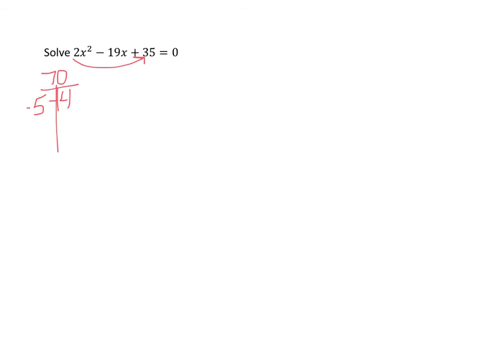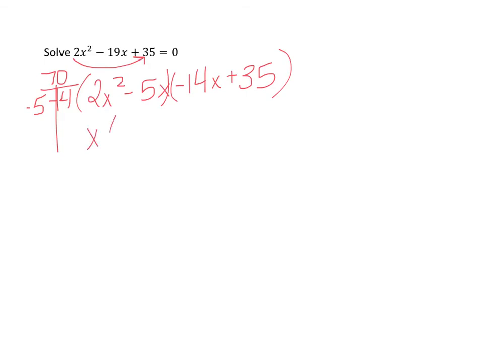So I've regrouped this into 2x squared minus 5x minus 14x plus 35. Okay, group. In the first group, I'm going to take out an x. I'm going to have a 2x minus 5 left over. Second group, I can take out a negative 7.